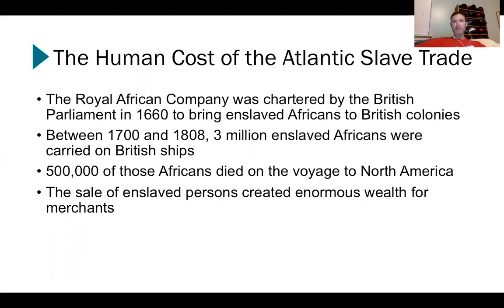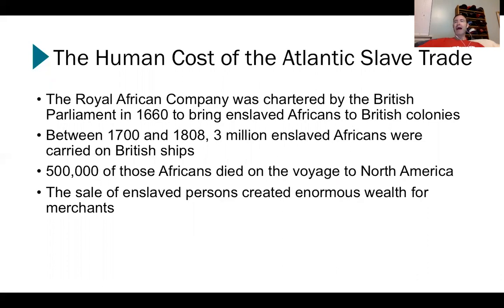Huge for the long-term consequence of slavery in North America, in British North America, I should say. But as we'll see in the next couple of slides, it is not just unique to the concept of Southern agriculture. Very important that we keep that in mind.